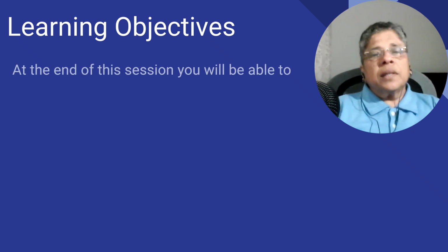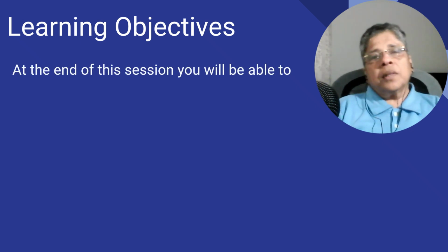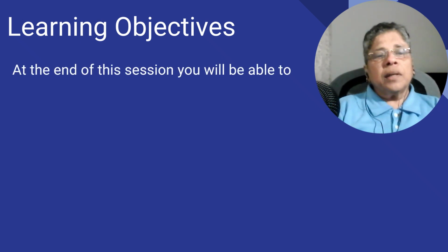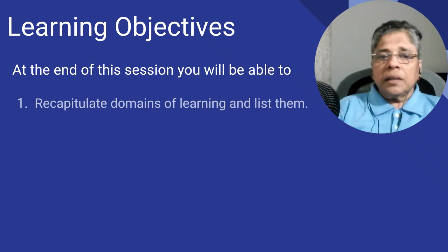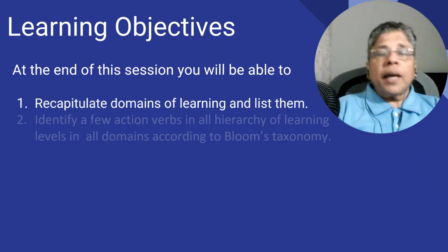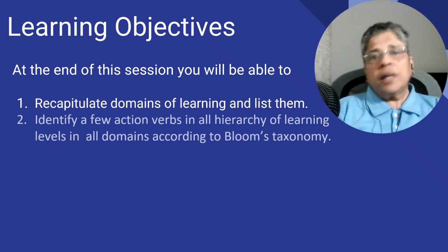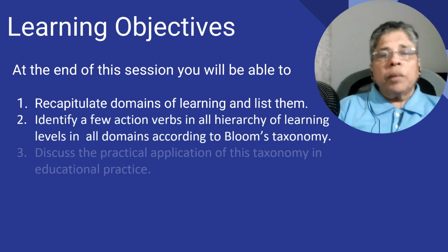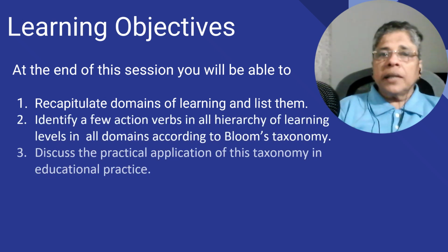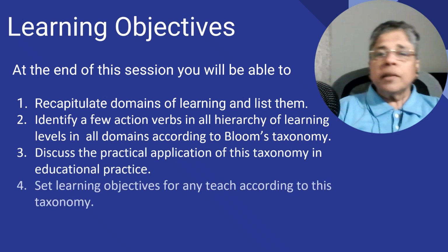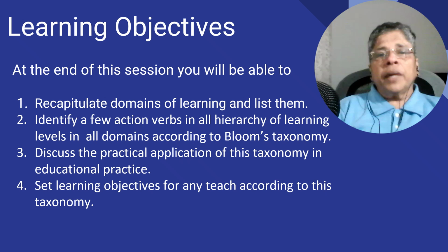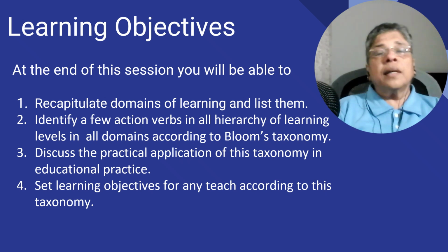The learning objectives that I have set for you, here I have applied Bloom's Taxonomy. You can actually see that. At the end of this session, you will be able to recapitulate the domains of learning and list them. You'll be able to identify a few action verbs for each of the domains and for each of the levels of learning domain, all the three learning domains.